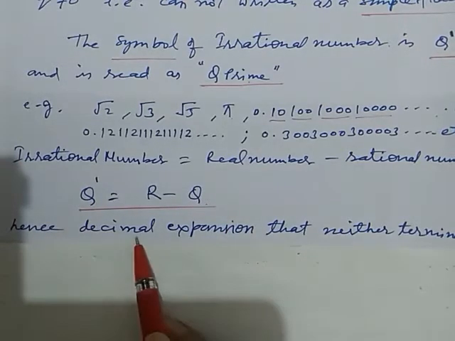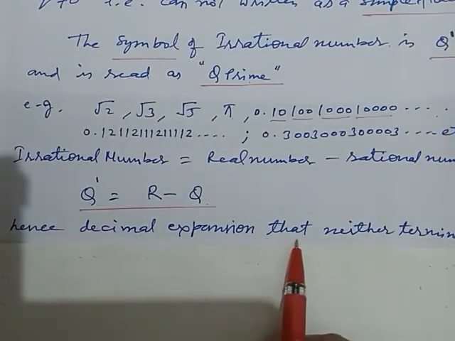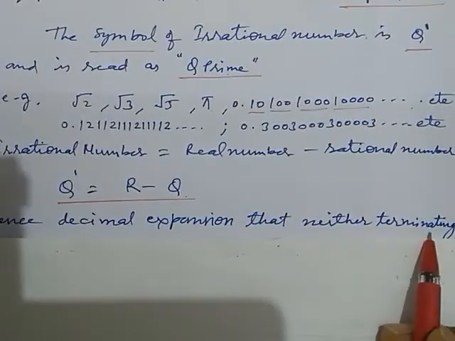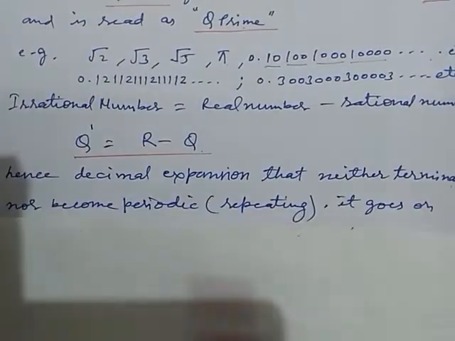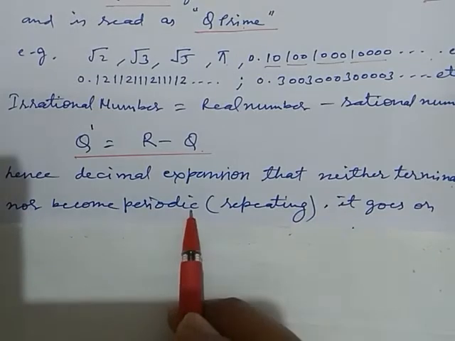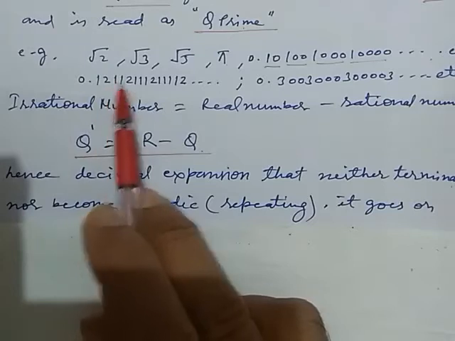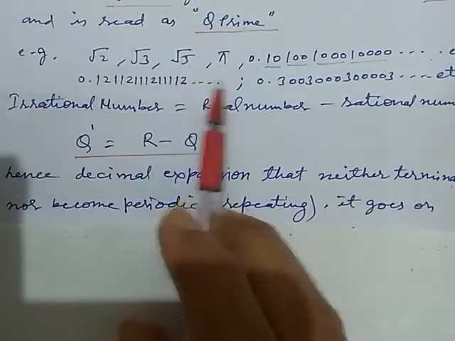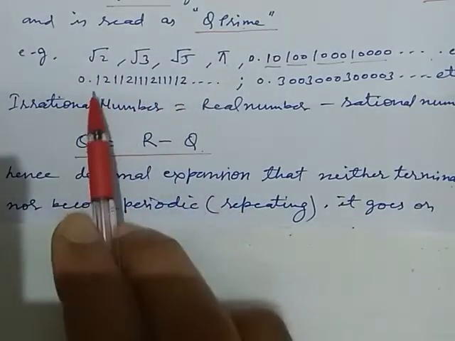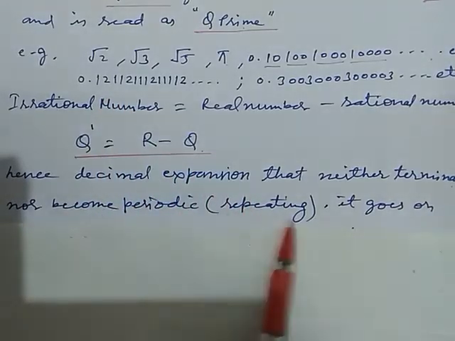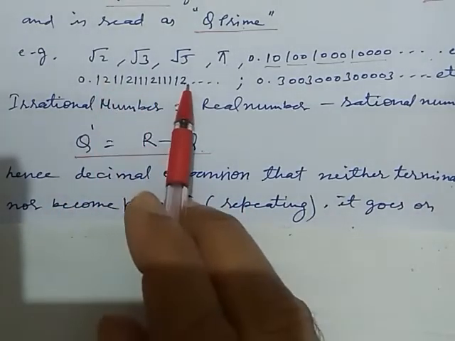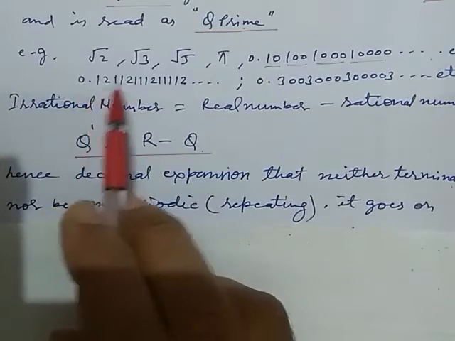Hence the decimal expansion is neither terminating nor periodic, that is, repeating. The digits are not repeating in the same manner.